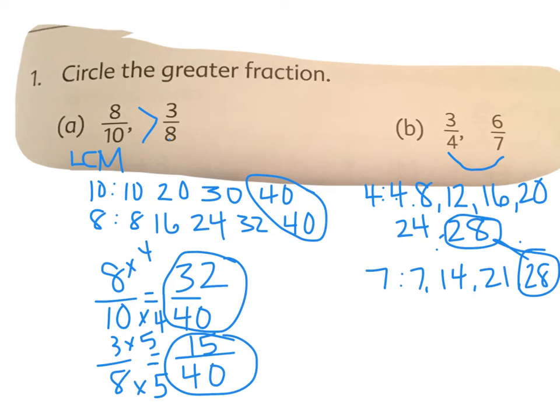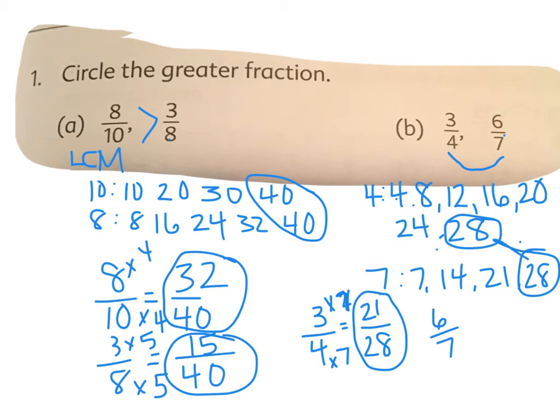So now I'm going to take 3/4 and change it to 28ths. What did I multiply 4 by to get 28? 7. So now you have to multiply the numerator by 7, which is going to be 21. Okay, so 21 28ths. Now we have to do 6/7. 6/7 equals how many 28ths?